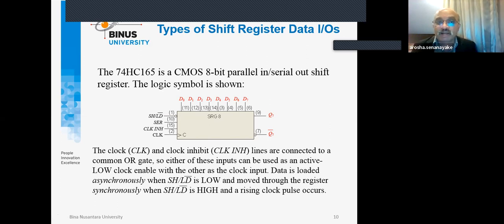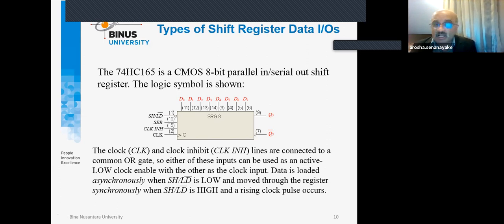Because as long as this load signal is low, data can be entered and it will be entered. That is why data is loaded asynchronously. But when the SH/LD signal goes high, shifting will start. That's essential to understand.